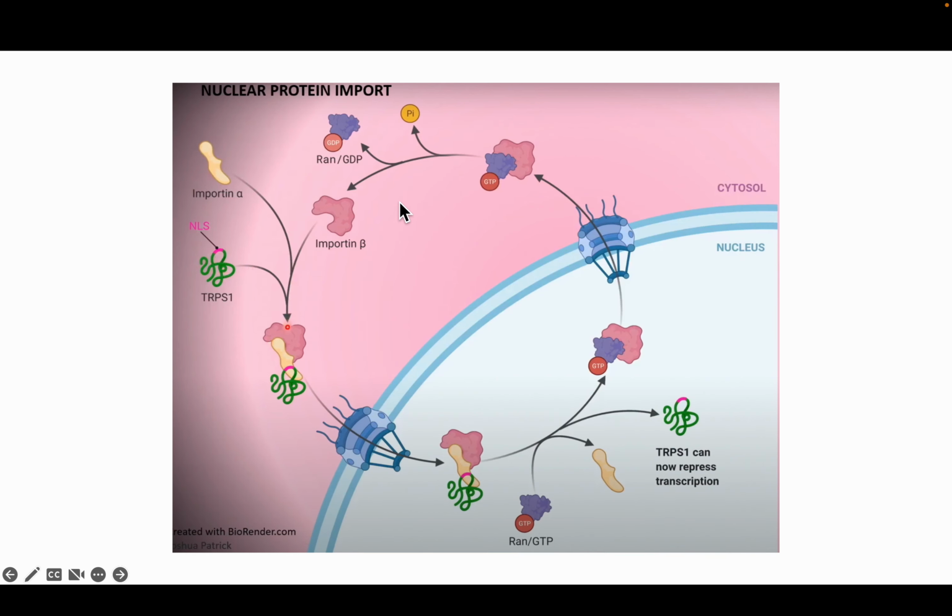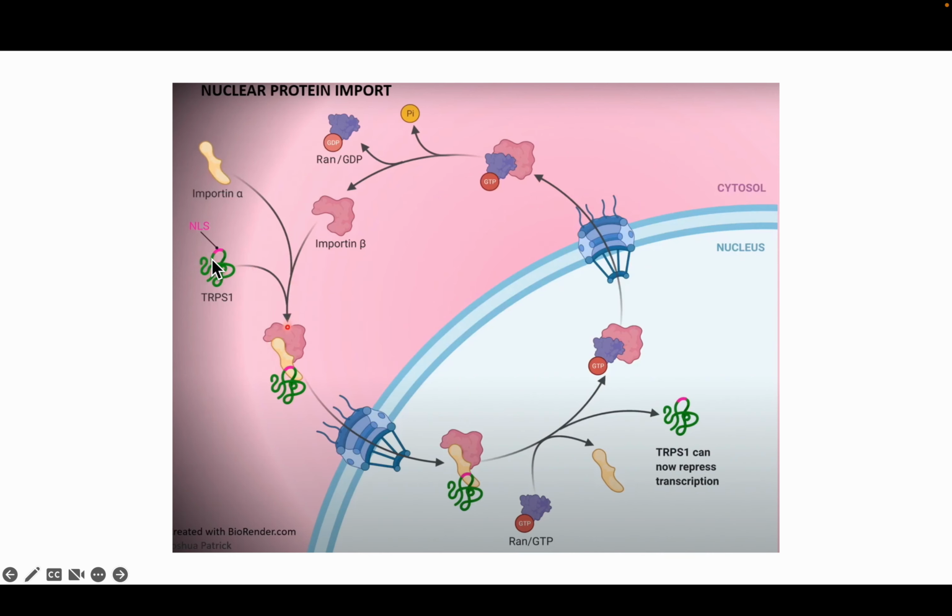As I was telling, nuclear protein import happens with the help of Ran GDP and Ran GTP. Here you can see this is the nucleus, this is the cytoplasm. This is a protein, TRPS1, a transcription regulator or repressor. This protein is a nuclear protein, so it needs to get imported into the nucleus. It should have one nuclear localization signal.